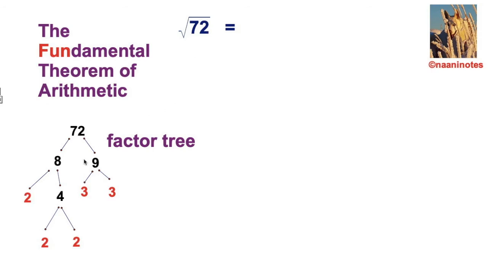So our 72, see our factor tree there, again, the product of primes. Watch this. Let's review this little exercise. We could separate it this way, 8 times 9.